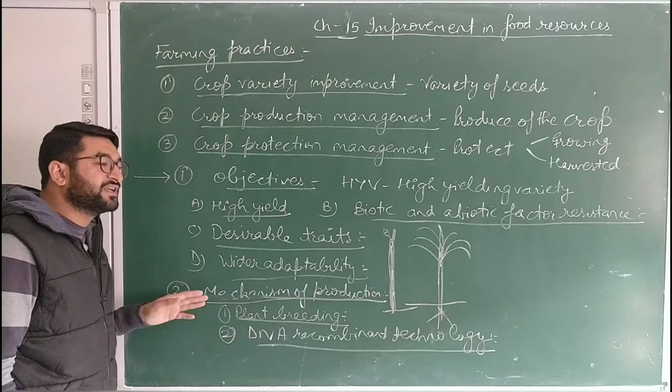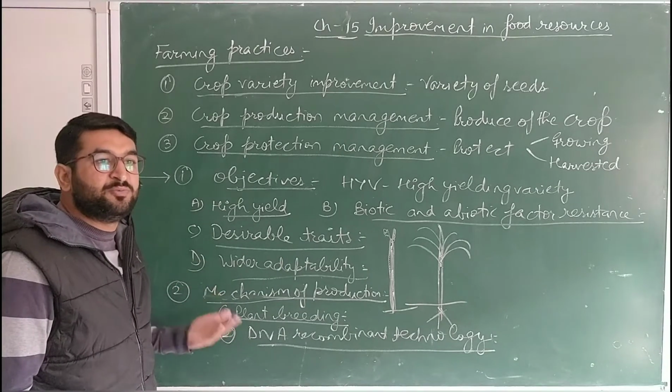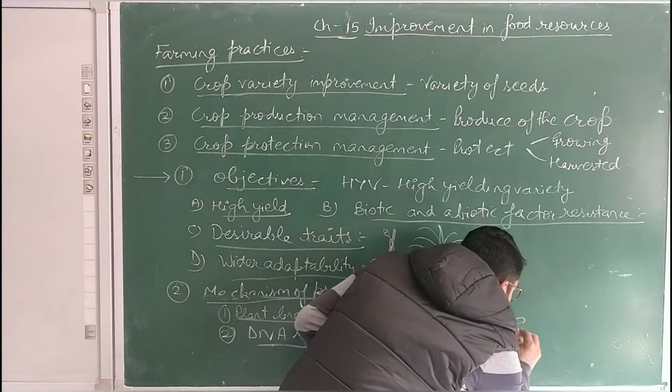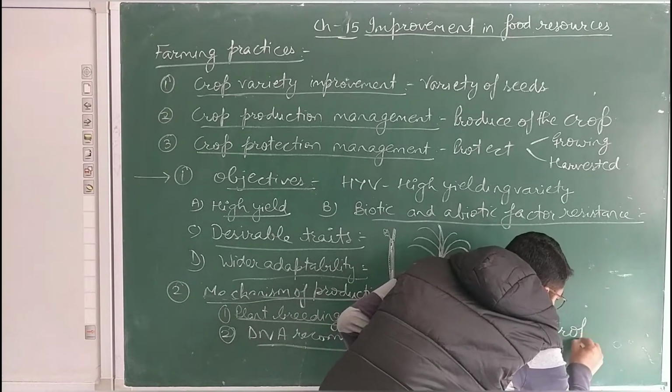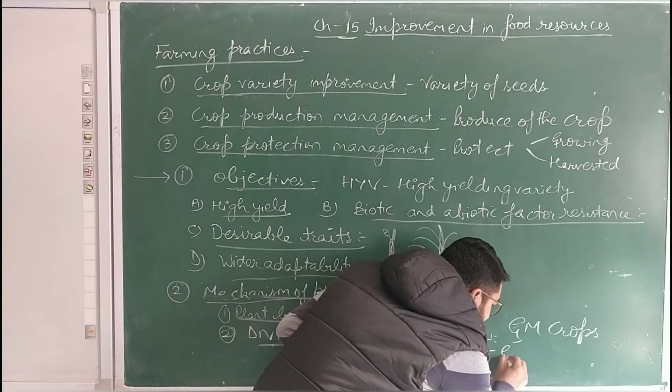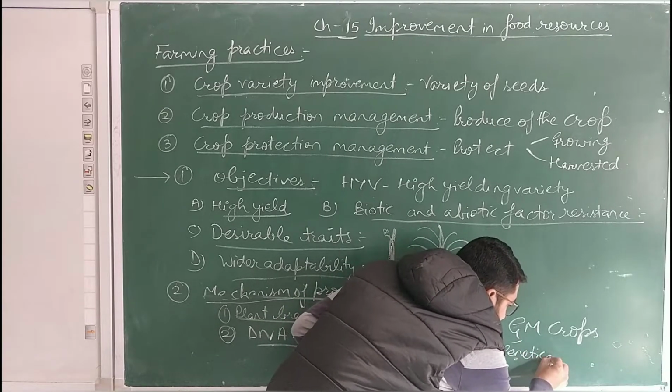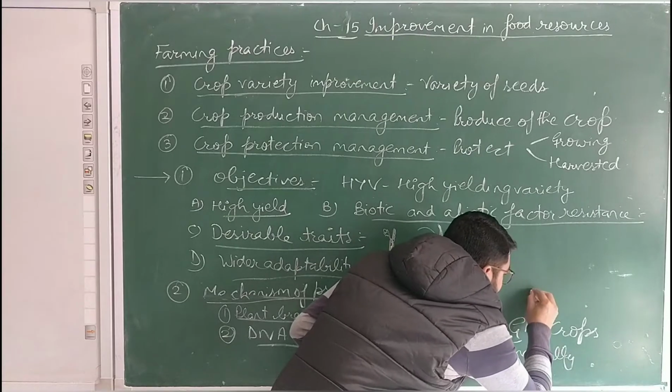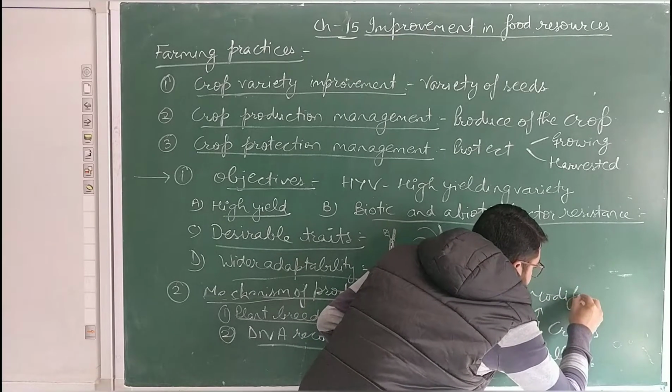The crops which are grown by these kinds of technologies, this kind of manipulation, are known as GM crops, genetically modified crops.